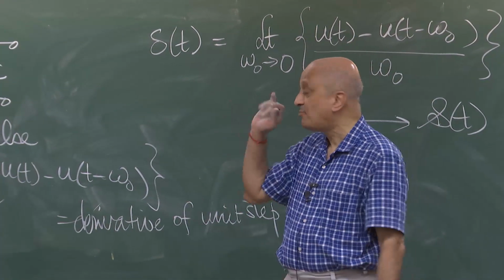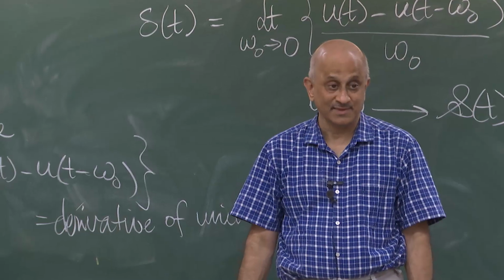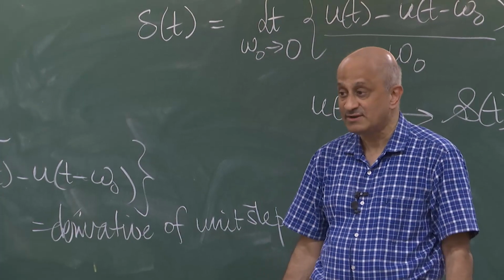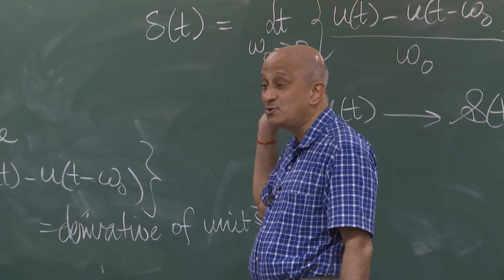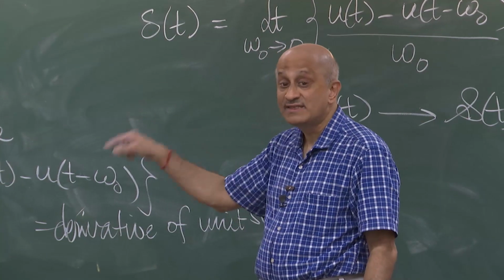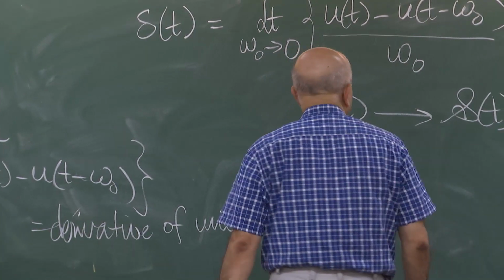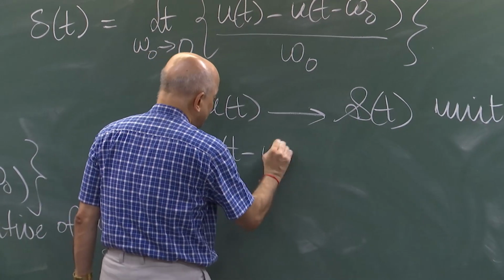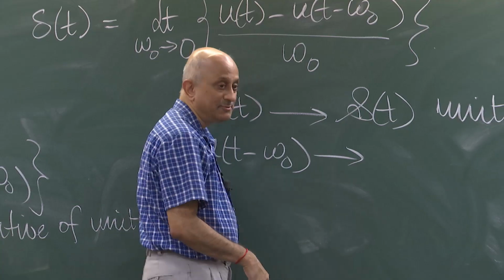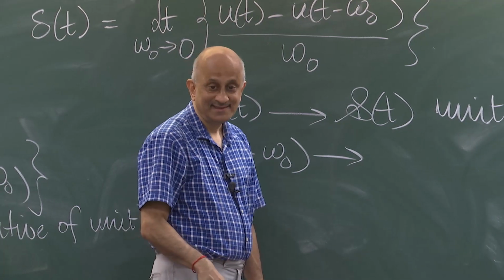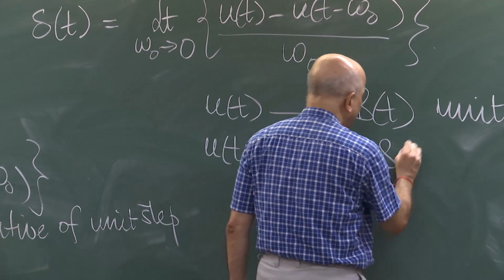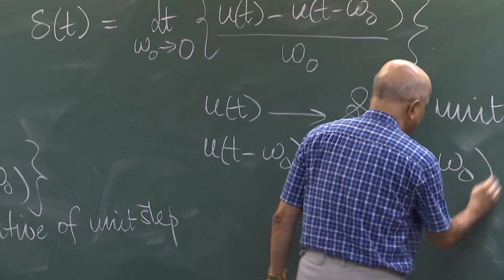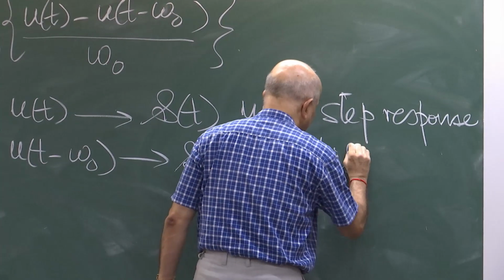The unit step response for this is very easy to calculate. But the unit impulse response is not easy, right? So let's see if I can get the unit impulse response from the unit step response. So I have u(t). Now u(t − w0) results in, what would it result in? s(t − w0), shift. And what property are we invoking there? It's shift invariance.